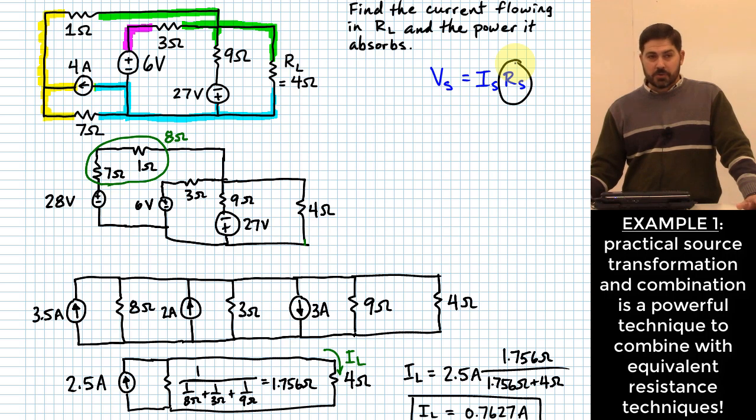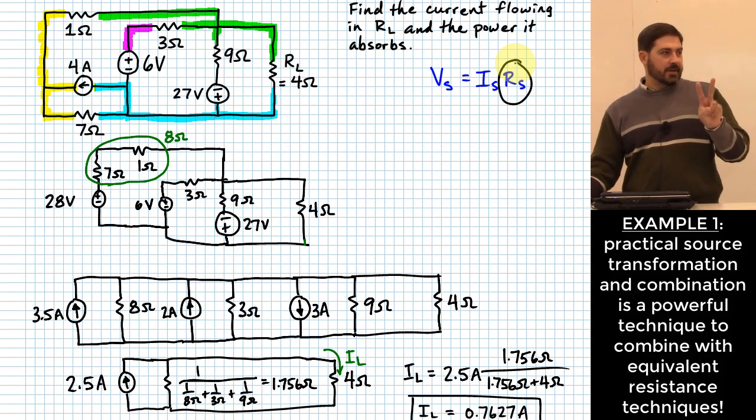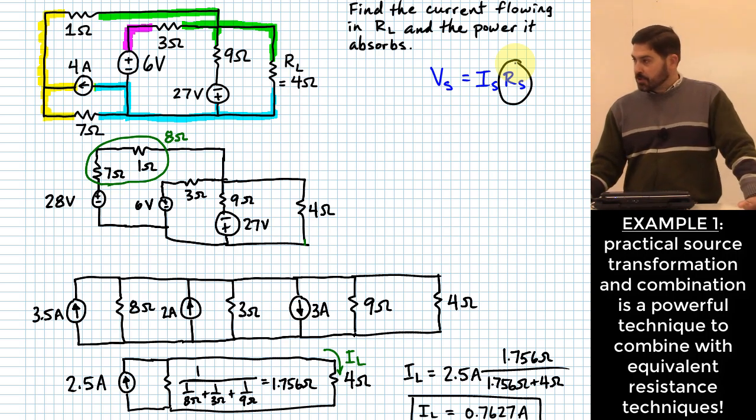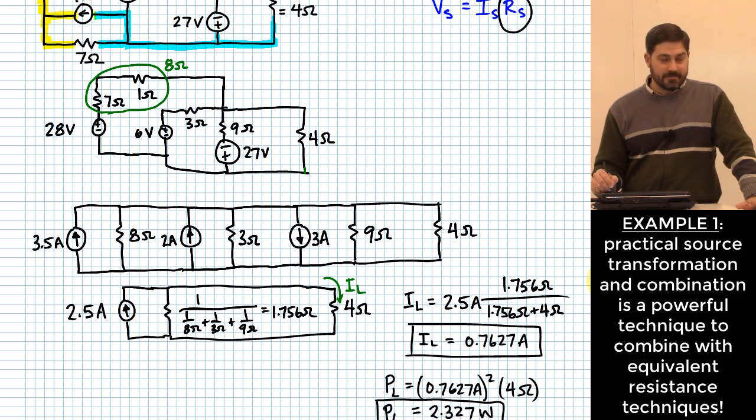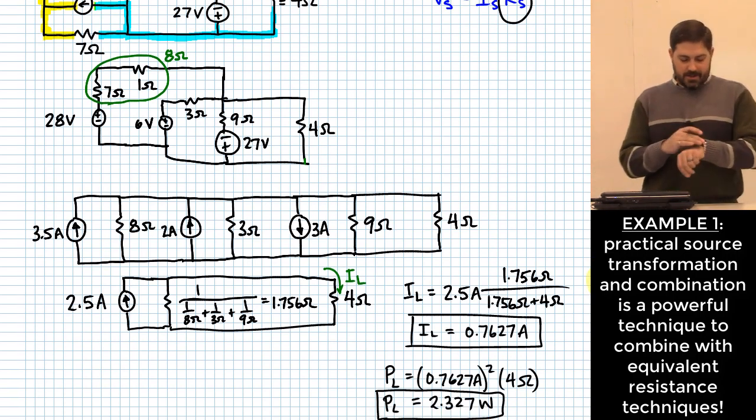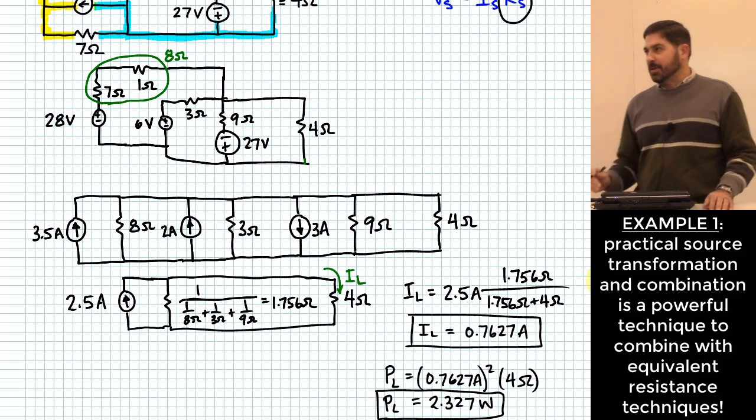You keep the practical source resistance when you go from one to another, but you just have to change what the voltage or current is going to be on the ideal source that's a part of it. Okay? We good? Okay, let me take this a little bit further.